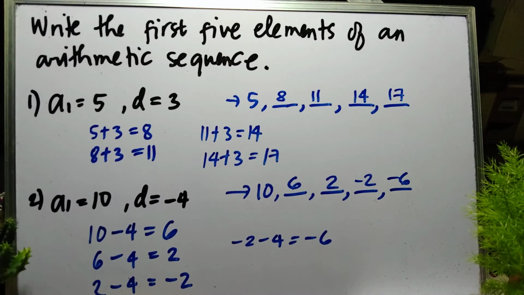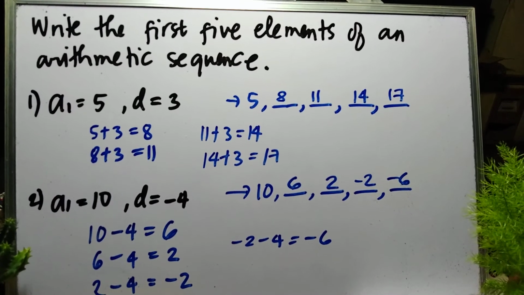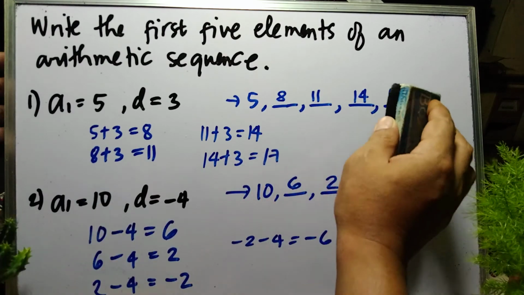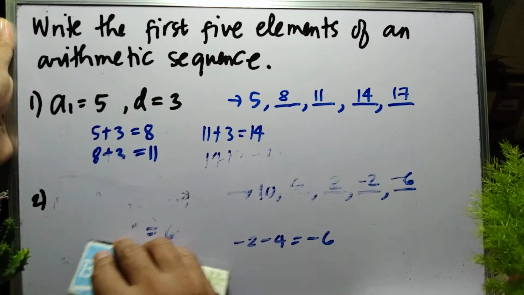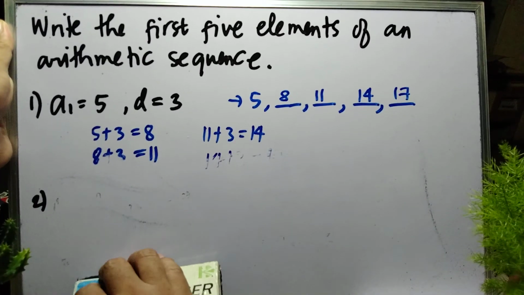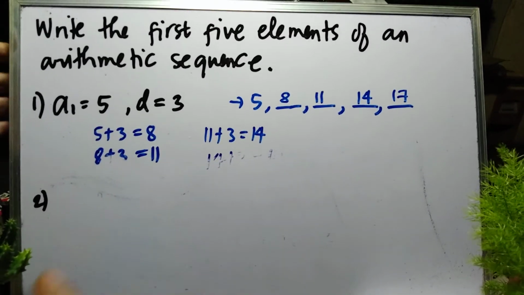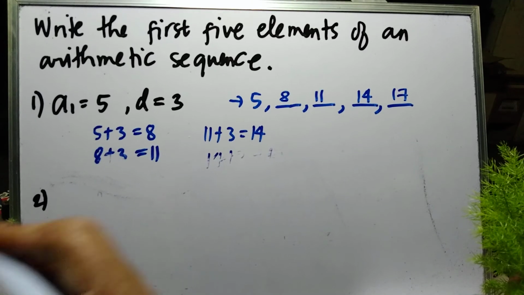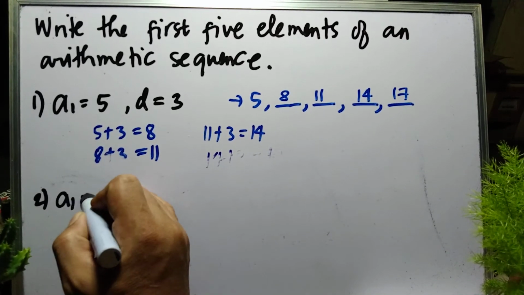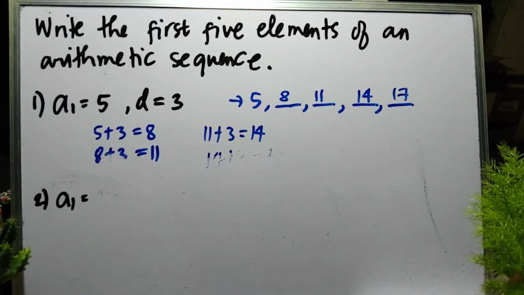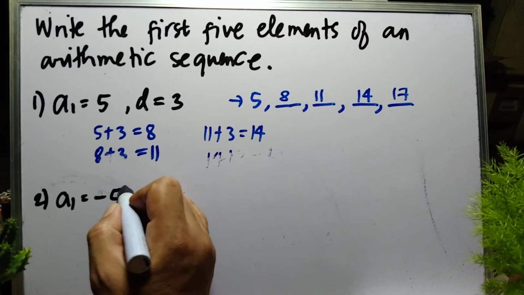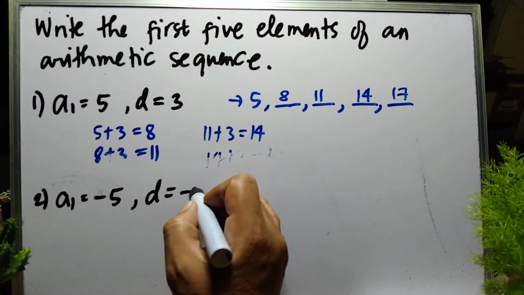Okay? So, now, what if I'll give you another example for you to work? Okay. So, what if your first element is negative 5, and then the common difference is negative 7?